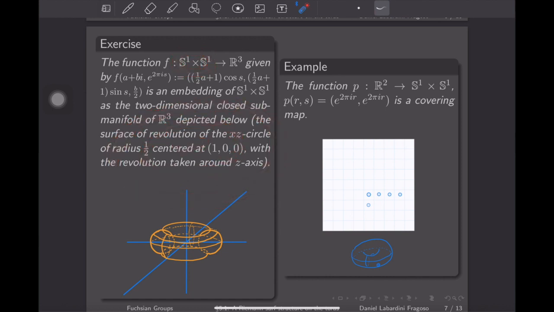And so this exercise asks you to show that this is actually valid, that what we do is indeed correct, where this picture is interpreted really as a surface of revolution of a circle. And then here you see it's the torus almost drawn.